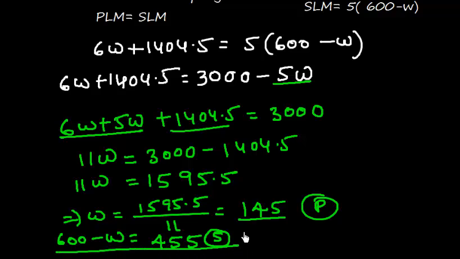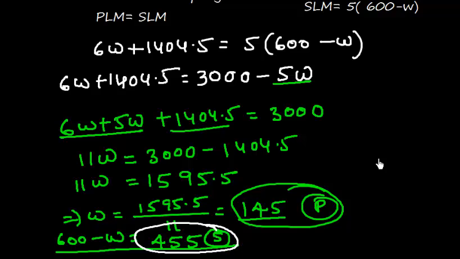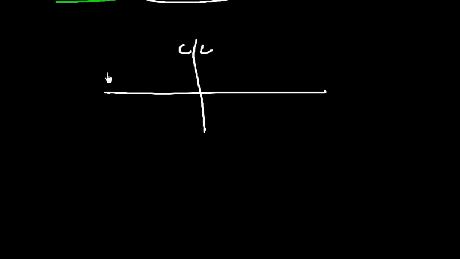So I can load on port side 145, and on the starboard side I can load only 455, and it is going to be somewhat like this. Suppose this was the center line, and this is the port side, this is the starboard side, and the distance from the center line is this. This is 6 meter and this is 5 meter.